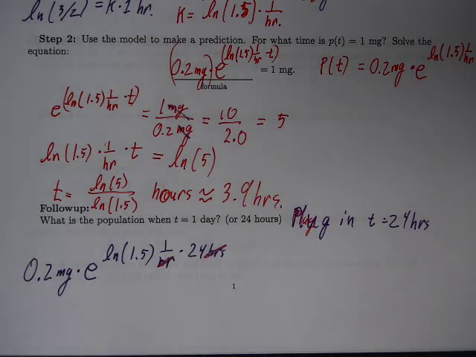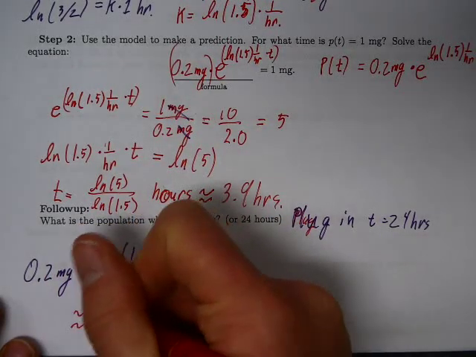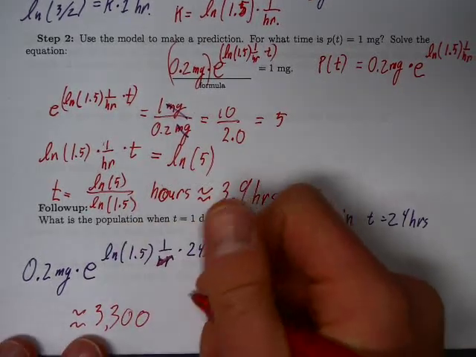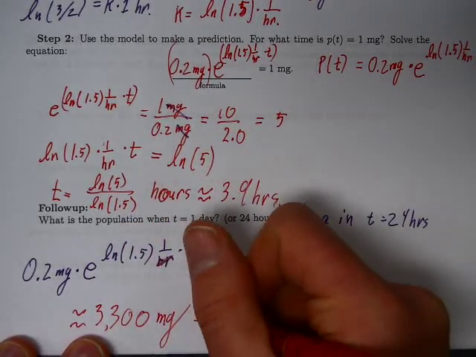You wind up with 0.2 times e raised to the ln of 1.5 times 24. You wind up with something around 3,300 milligrams.